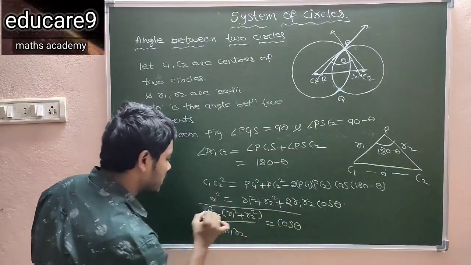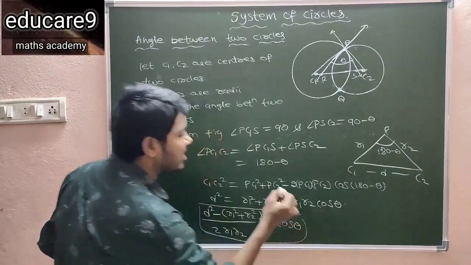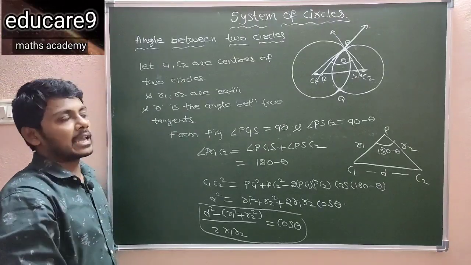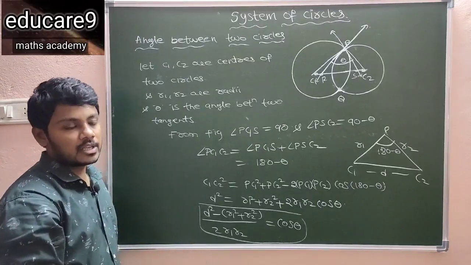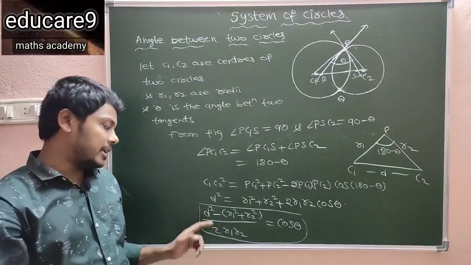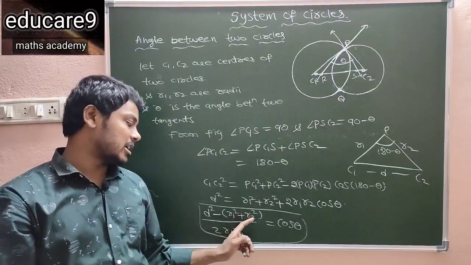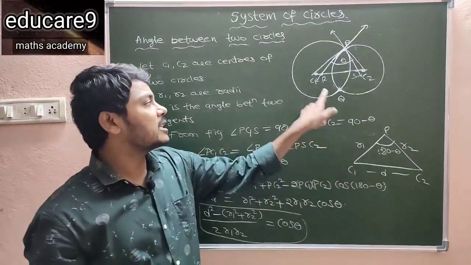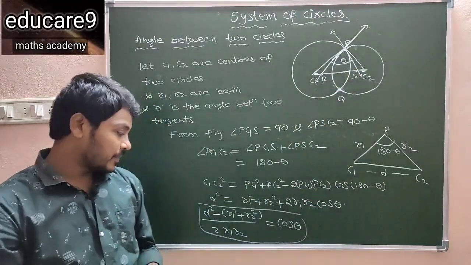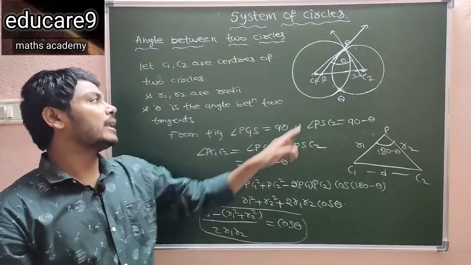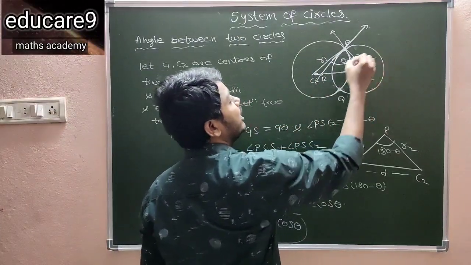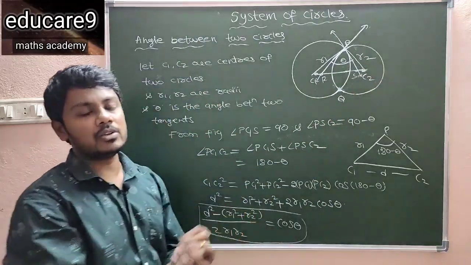So if theta is the angle between two circles, meaning the angle between two tangents, then cos theta is d square minus r1 square minus r2 square by 2 r1 r2. Here d is the distance between the two centers, r1 and r2 are the radii of the two circles, and theta is the angle between the two circles.